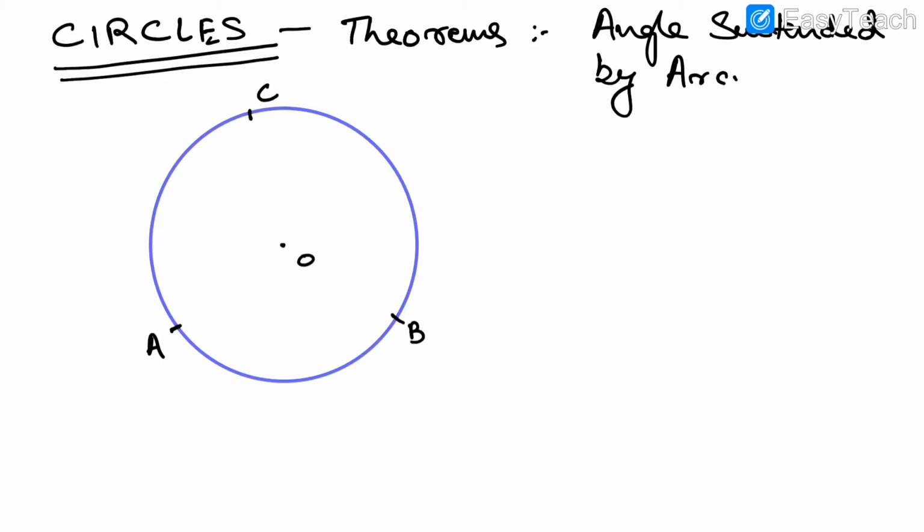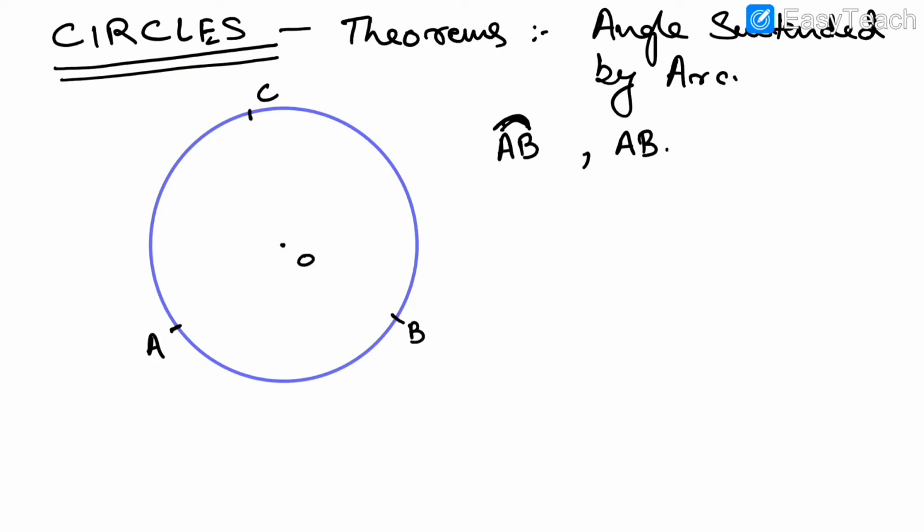Angle subtended by the arc AB. Whenever we say arc, we generally write like this, with a curve on top in geometry. If we write AB, it means a straight line connecting points A and B. If we mention on top something like this, it means an arc. So what is the meaning of the angle subtended by an arc at point C?